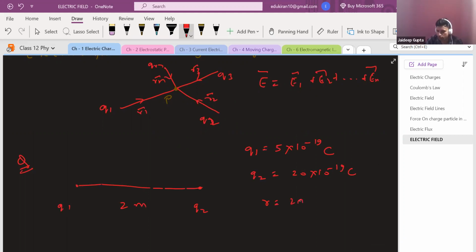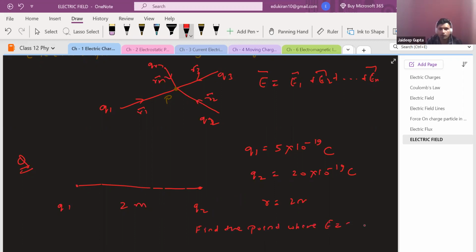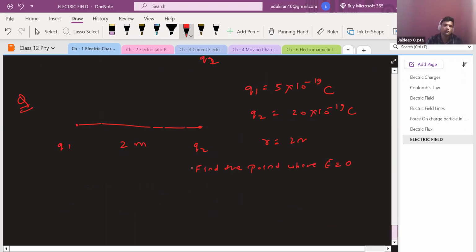Now we have to find the point where electric field equals 0. Just go through the question, then I'll let you know how to do it.